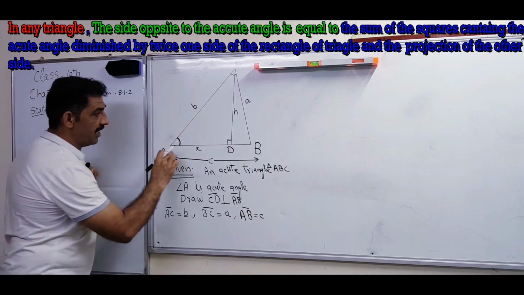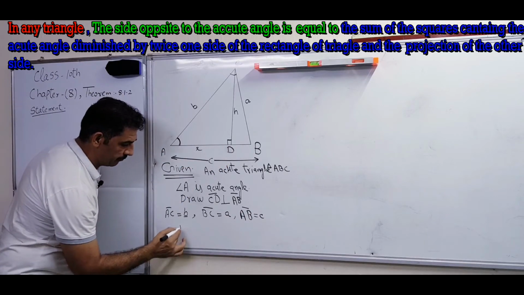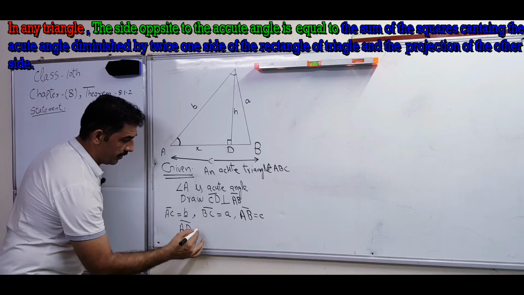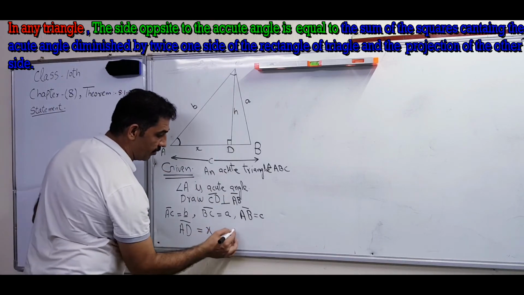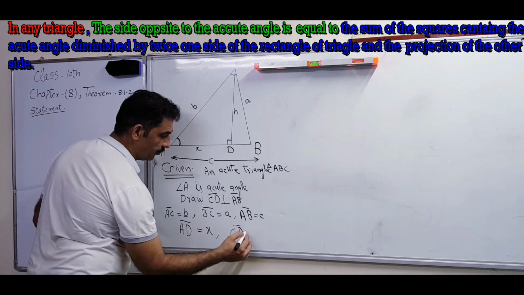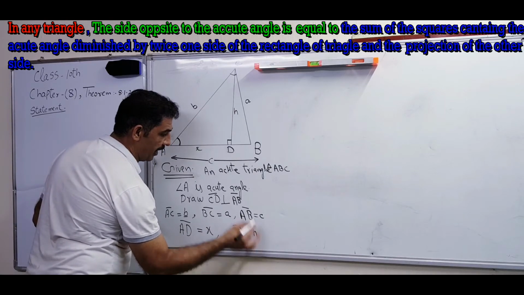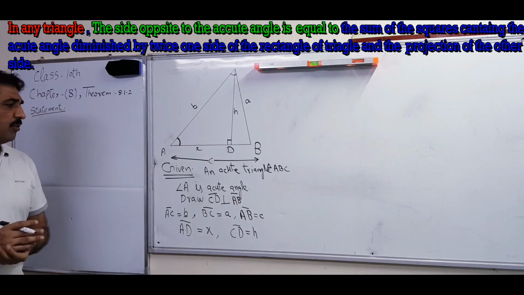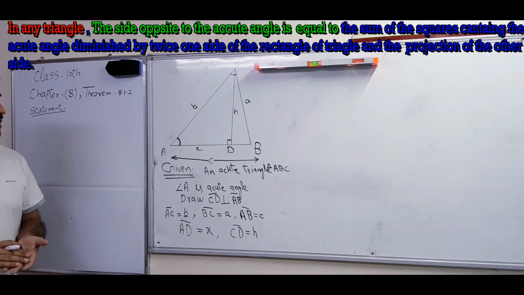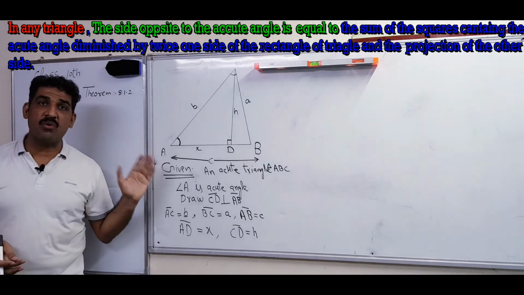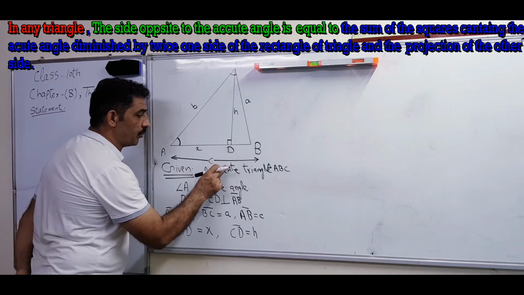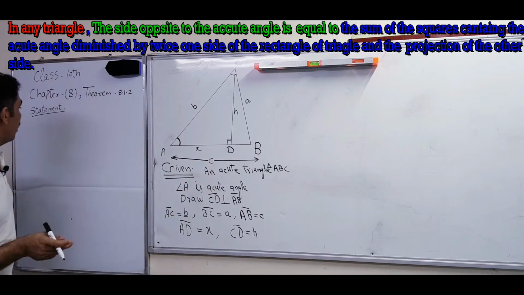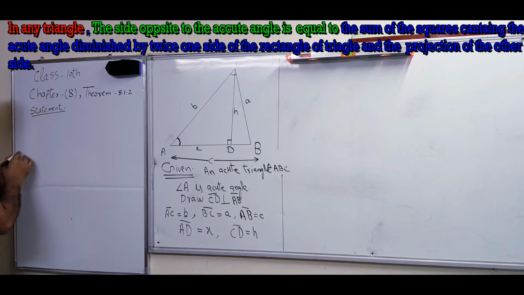After that, the length of AD is equal to x, the length of CD is equal to h. As we already assumed in the previous one, it is the same, right? Like in the previous theorem there was no construction, and here there is also no construction. So we need only to prove. So what is to prove? I want to write it here, then to prove.